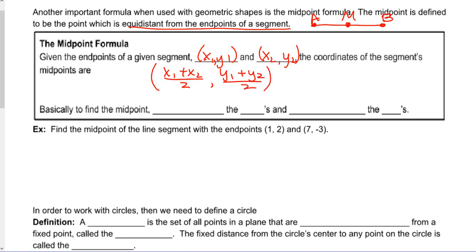Now, hopefully that makes sense. We're going to add together the x's and divide by 2, add together the y's and divide by 2. So if I'm adding 2 things and dividing by the number of things that I have, basically to find the midpoint, we want to average the x's and average the y's. So if I were to take the average of your two test scores, I would add them together and divide by 2.